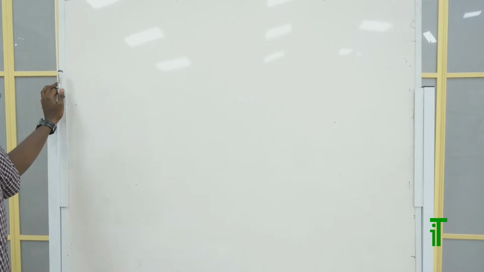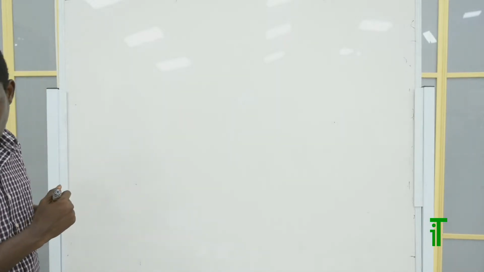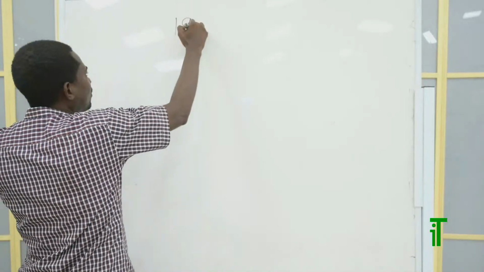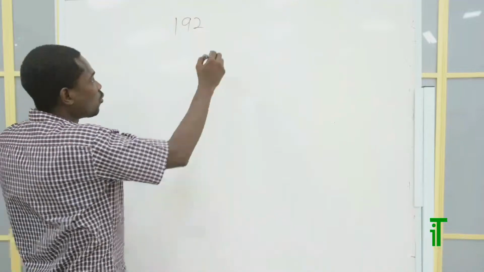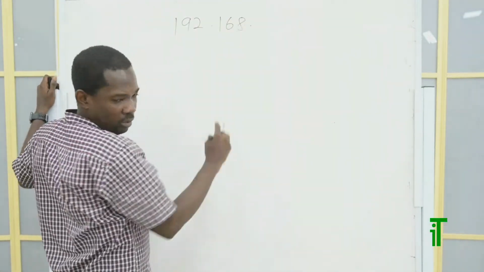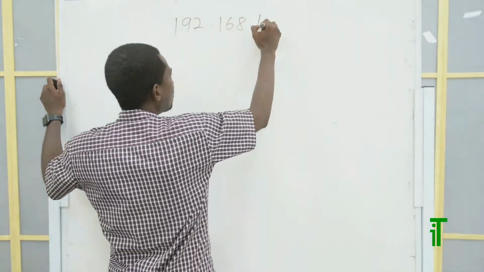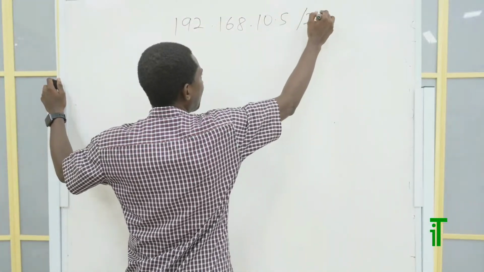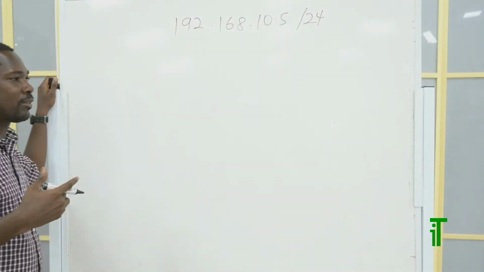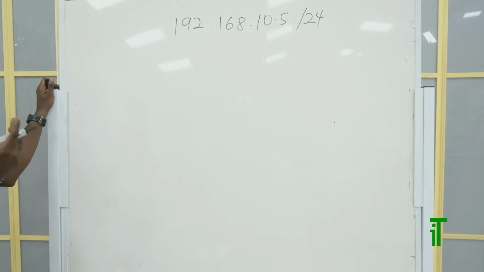In fact, /24 is just one of these classes. So we have 192.168.10.5/24. All right, so with this one, clearly we can say that it's a class C network. Now let's find out why it's a class C network.